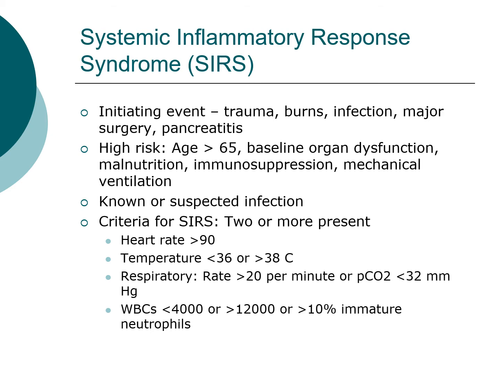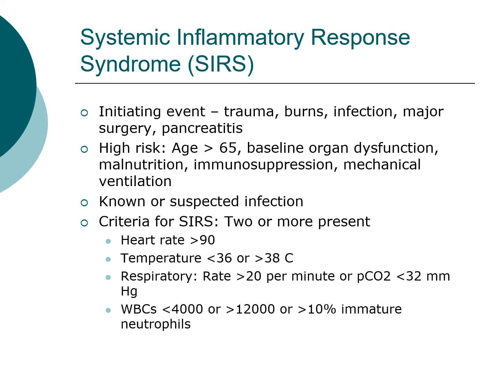We have the individuals that are at high risk for SIRS, and it would be those individuals that have some immune system depression or other dysfunction. So our individuals that are 65 and over, those are individuals that have more difficulty responding quickly and vigorously to some assault on their immune system.